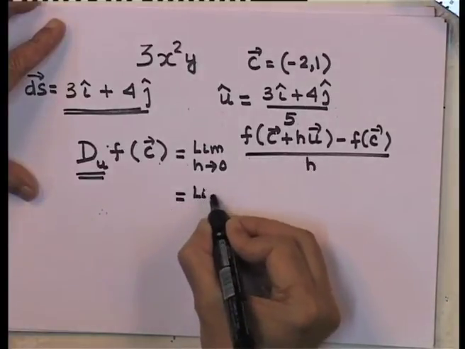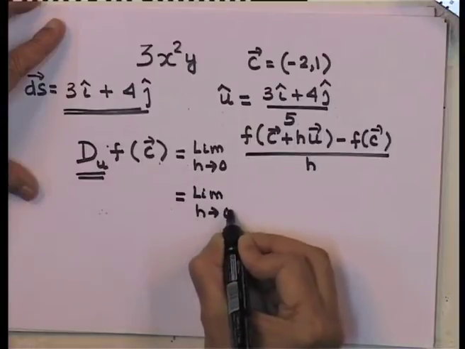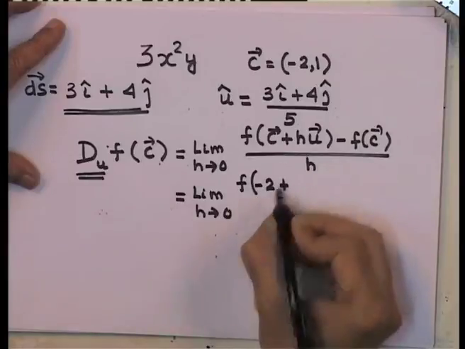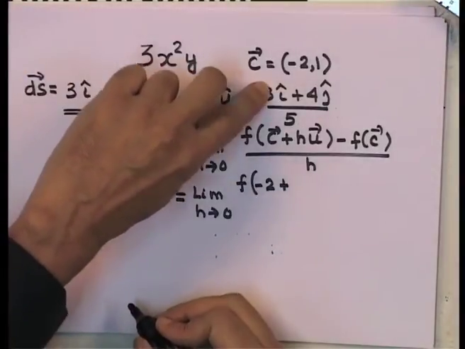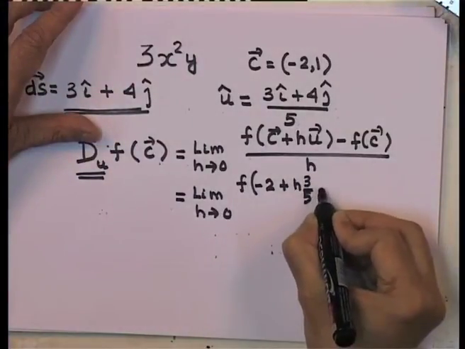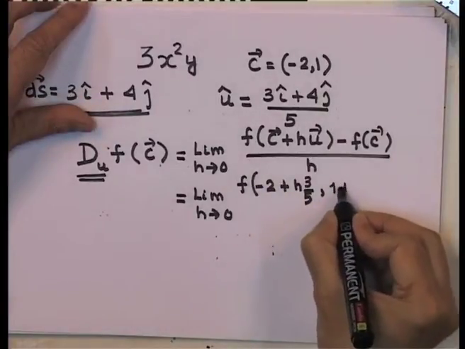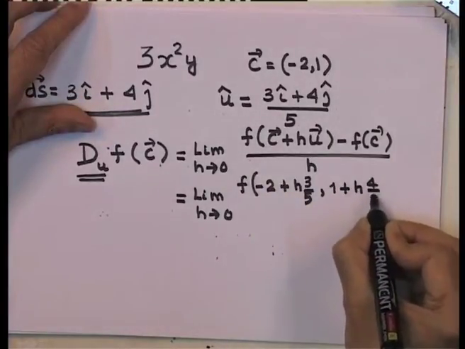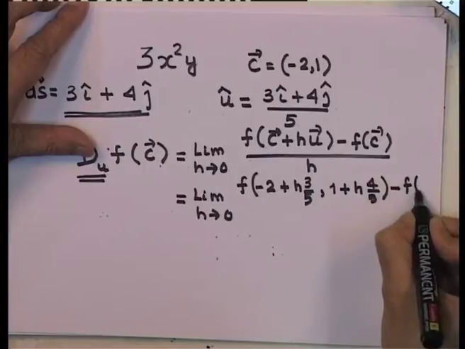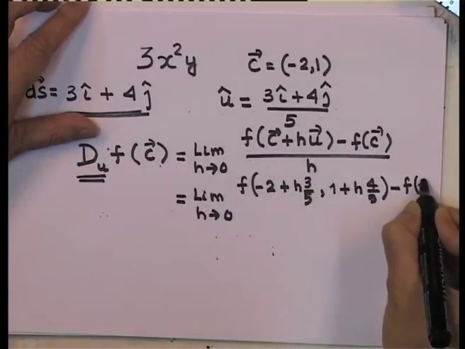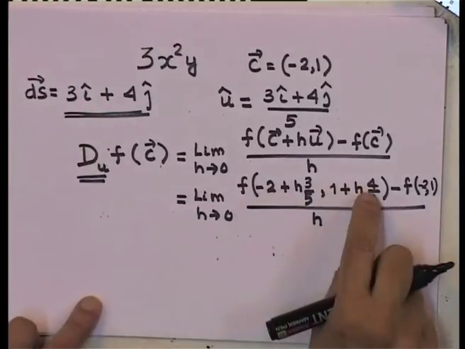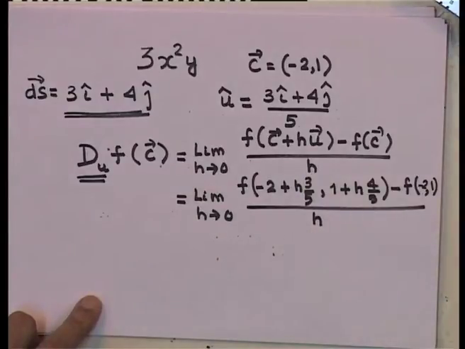So, I could rewrite this as limit h going to 0 of f at (-2 plus h times 3 by 5, since the x direction is 3 by 5, comma 1 plus h times 4 by 5) minus f of c, which is f of (-2, 1), and divided by h. And you can now of course plug these in; this is a very simple derivative to calculate.